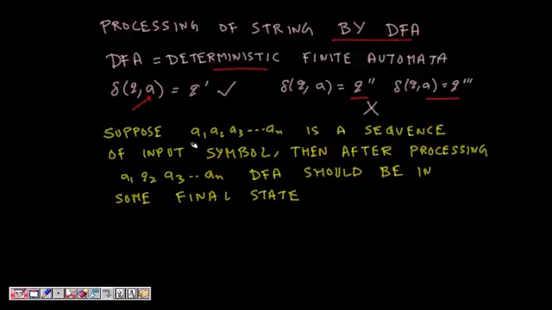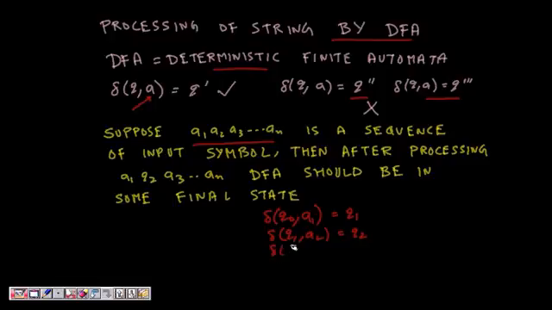You have the sequence of input symbols A1, A2, A3 till AN. We take delta of Q0 comma A1, and we go to, let's say, Q1. Then we are in state Q1, we see A2, we go to, let's say, Q2. We are in state Q2, we see A3, we go to Q3, and so on.